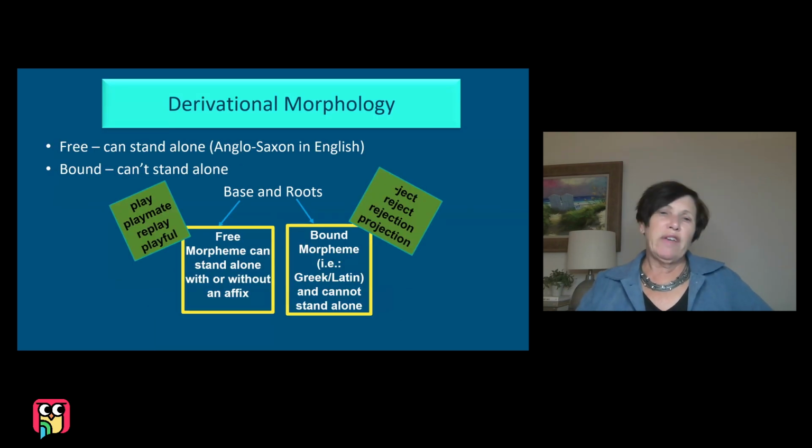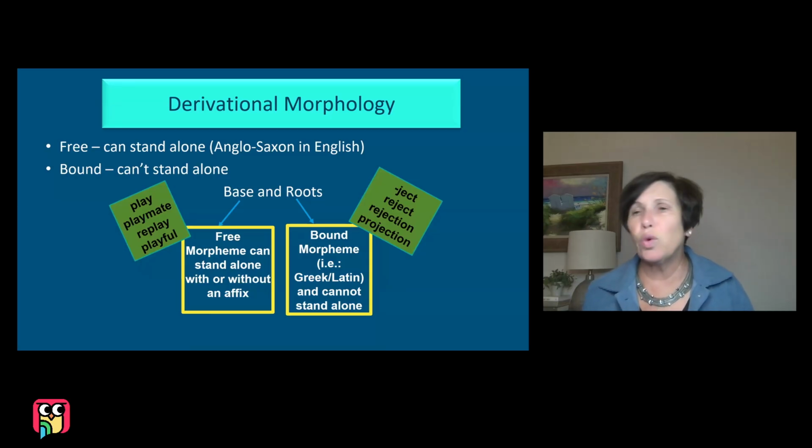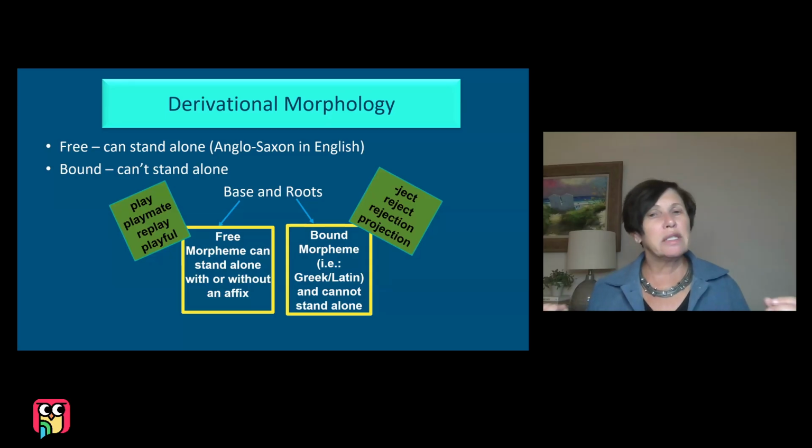So when we think about derivational morphology, we have bases and we have roots. As we talk about that base, we know that some are considered free, which means they can stand alone, like the word play or the word fold. The prefixes and suffixes are attached to those.